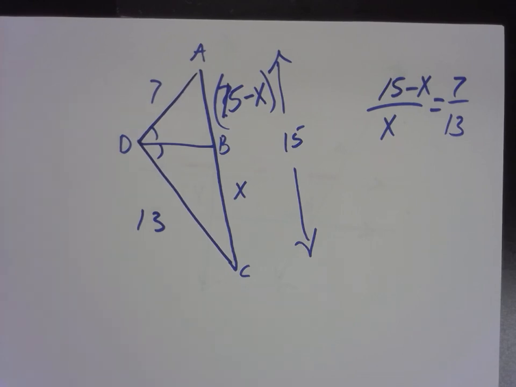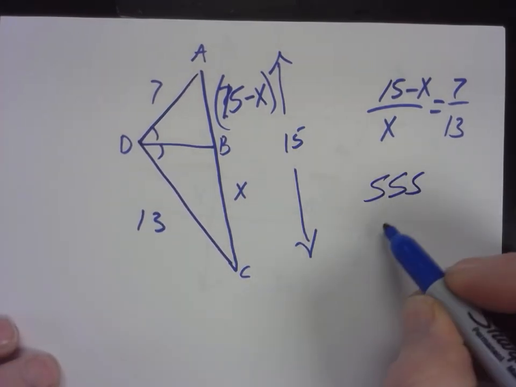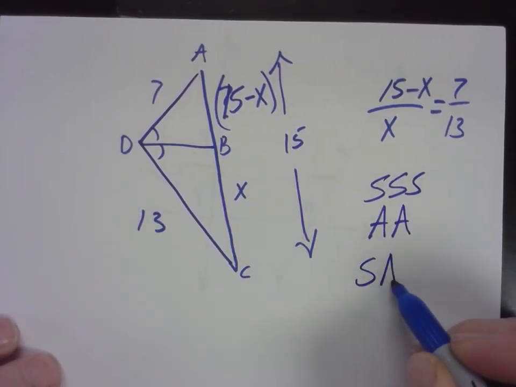There's got to be similar triangles in here. And there's only so many ways that we know we have similar triangles, right? We've got angle-angle, side-side-side, and side-angle-side.